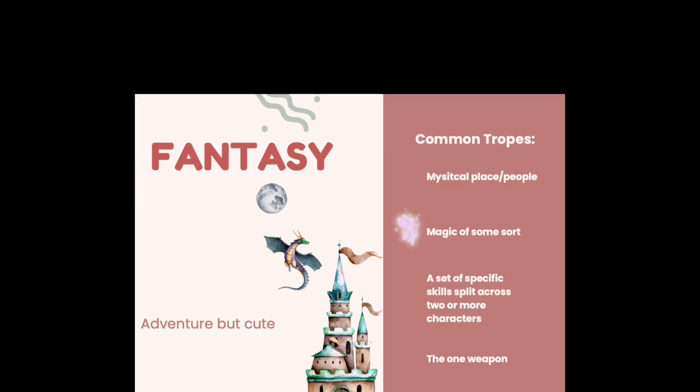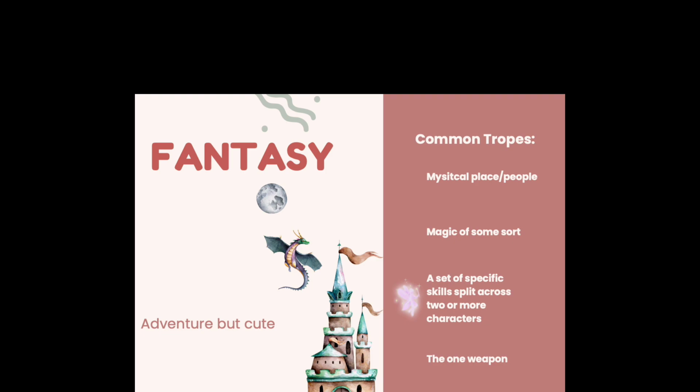This can be magic in the traditional way that we all understand it, the Harry Potter way, the abracadabra way, or this can be magic within the context of a narrative like Avatar: The Last Airbender, wherein they have a sort of enhanced martial art that allows them to bend elements. It's not considered magic in the traditional sense. It may be magical to us in the world that we exist in, where such a thing is not possible, but it's not considered magic within the narrative. That still counts as a fantasy trope.